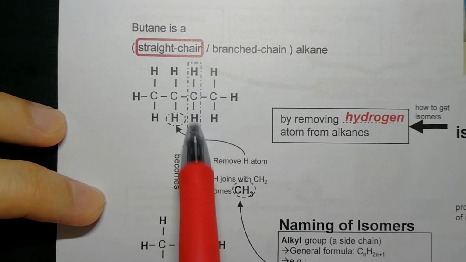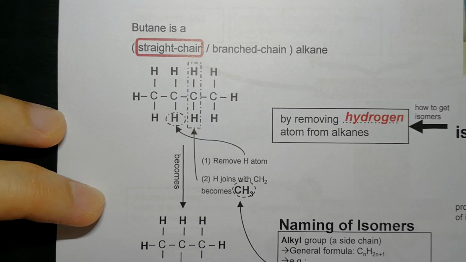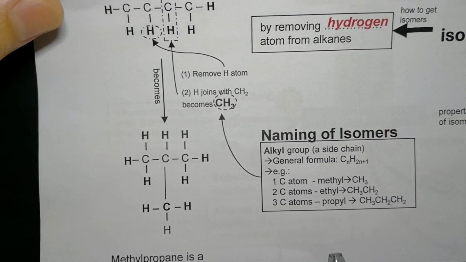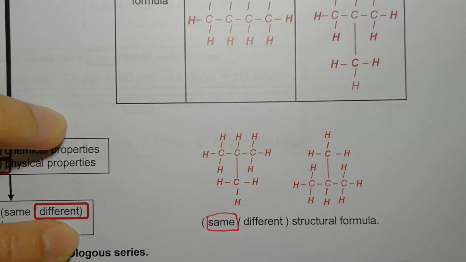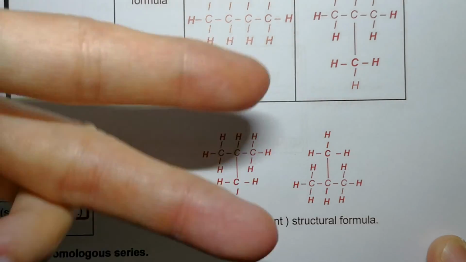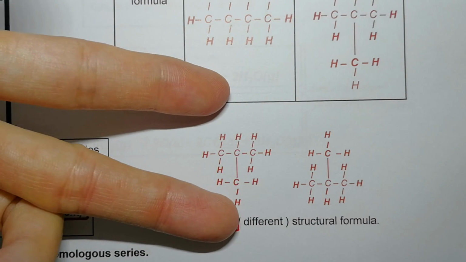Okay, these two, they are isomers of each other. Why? Because molecular formula same, structural formula, they are different. These two, the structural formula are the same because you just need to flip it. They are the same. You don't need to remove any hydrogen atoms. You just flip it, they are the same.